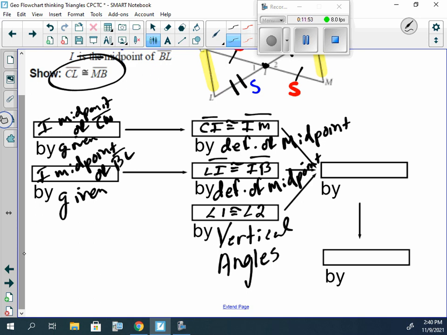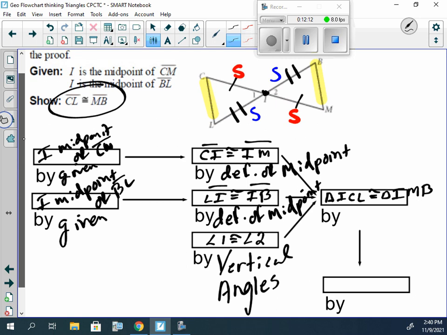Any questions on this here? Now we can say what triangle. Triangle ICL is congruent to triangle IMB. Because we start at I and went to C and then L, so along the side with 1 and then down.